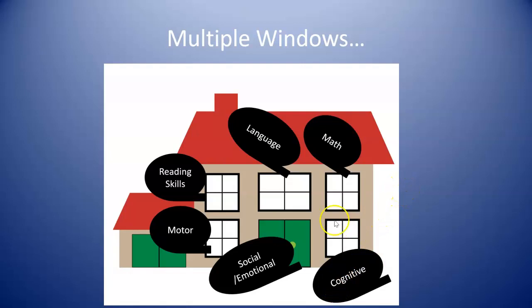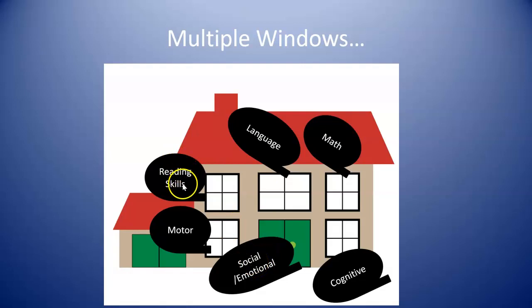So if you think about it, if we only look in one of these windows or only open one of these doors, that's all we're going to see, right? So if I only look in the front door, this one part of the child's development, I'm only going to learn about their social and emotional skills, which is super, super important.